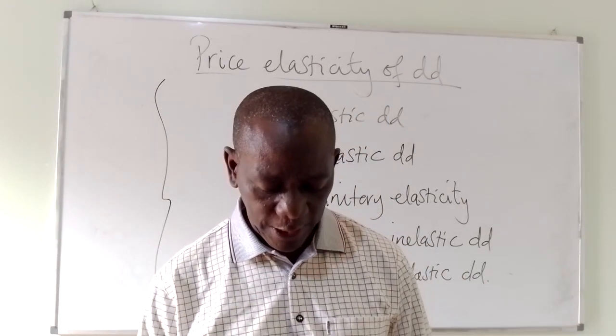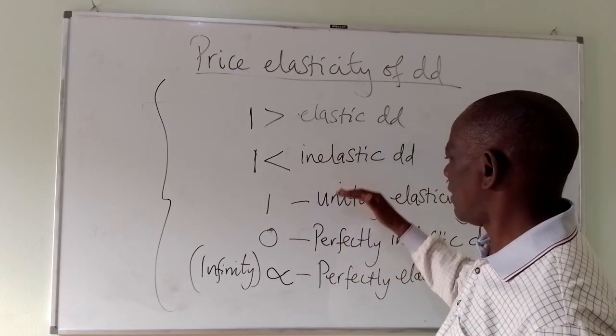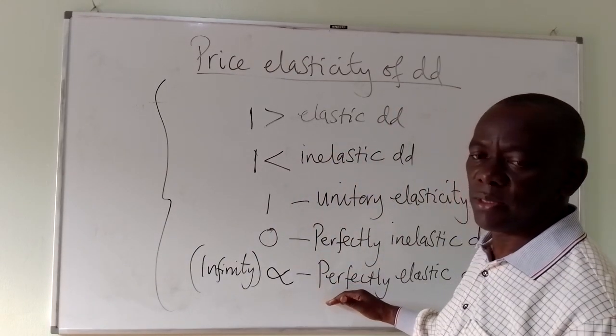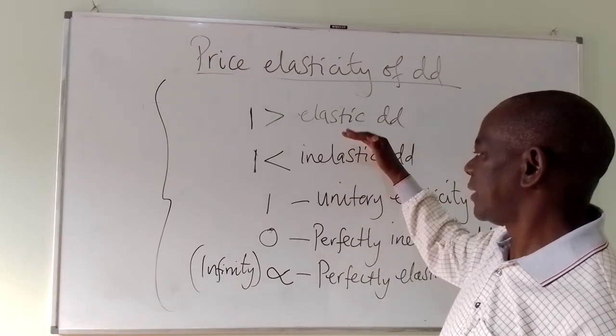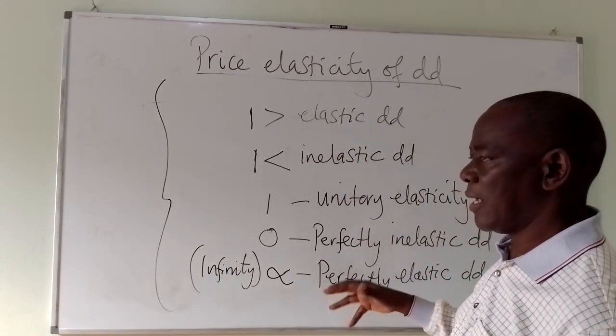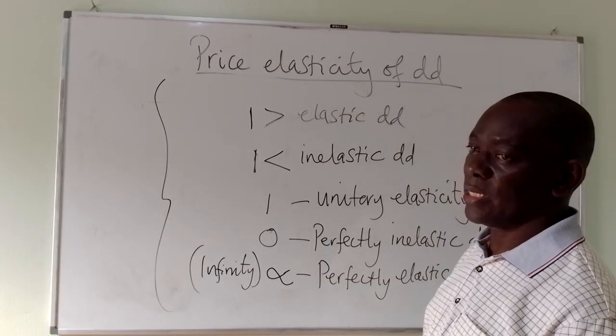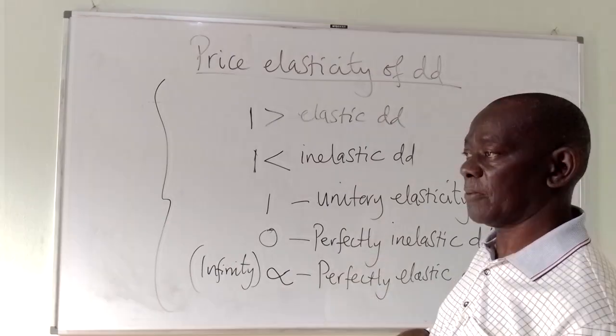Now, the next consideration, we are going to put these conclusions into diagrams. How do the diagrams look when you have calculated this? How do the diagrams look for these conclusions? These are conclusions after your calculation.